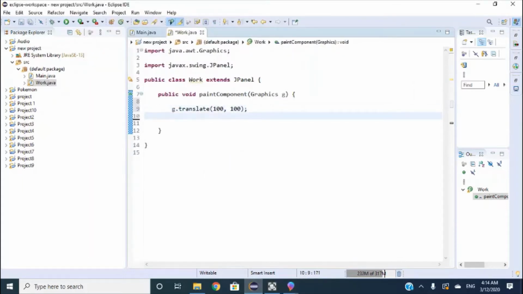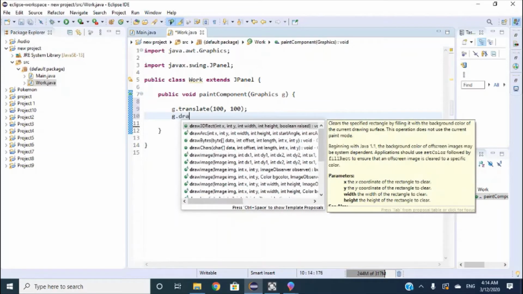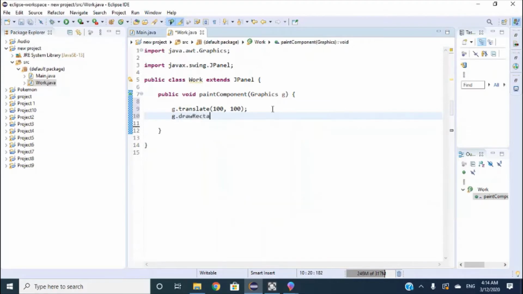Now, after we've translated the axis, let's draw a rectangle, draw rect, to see how this affects our drawing. Let's draw it at 0, 0, with a width of 50 and a height of 50.